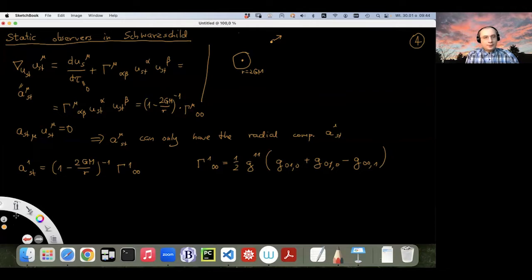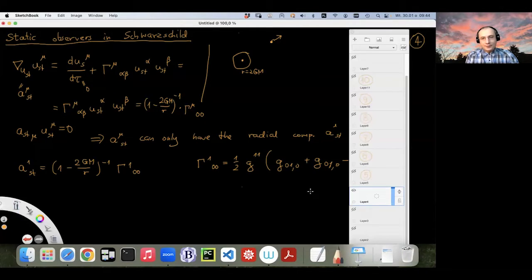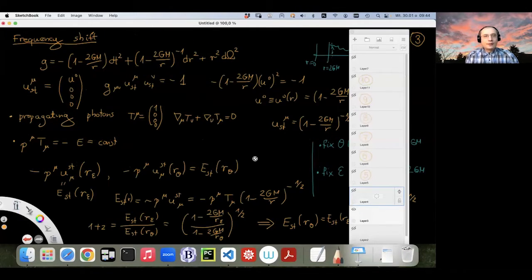Now we need to go back to the form of the Schwarzschild metric. This is a diagonal metric, so there are no 0,1 components here.